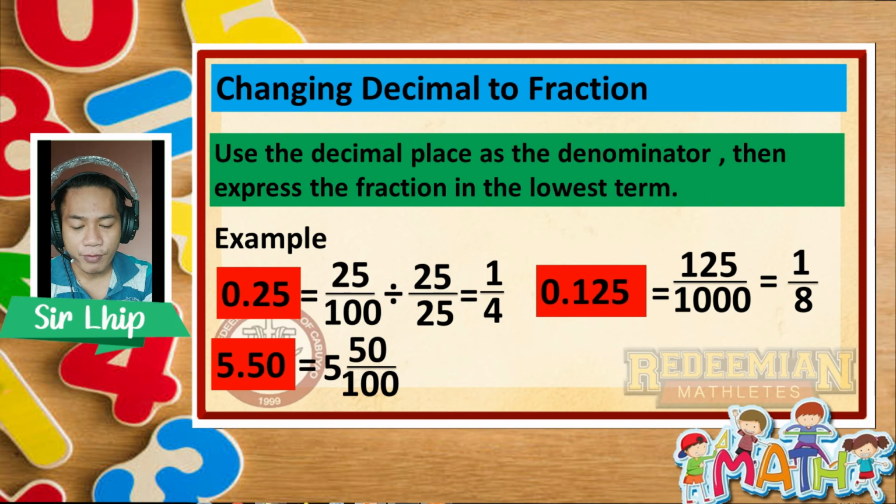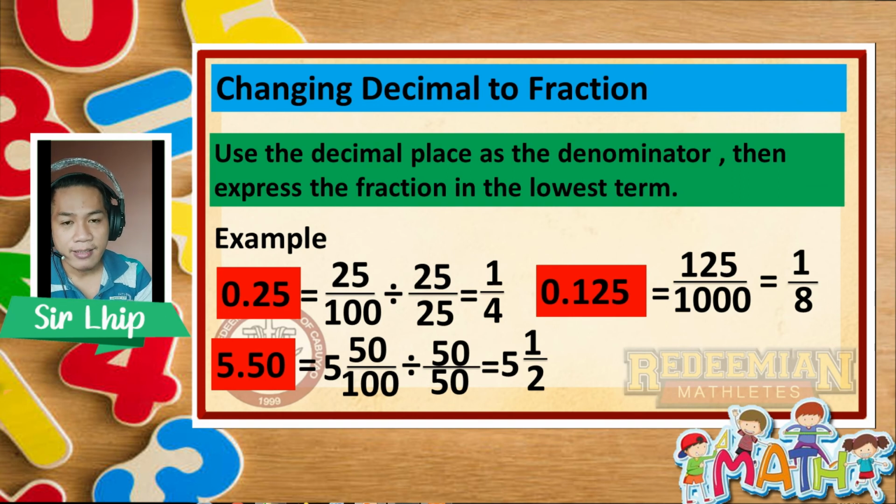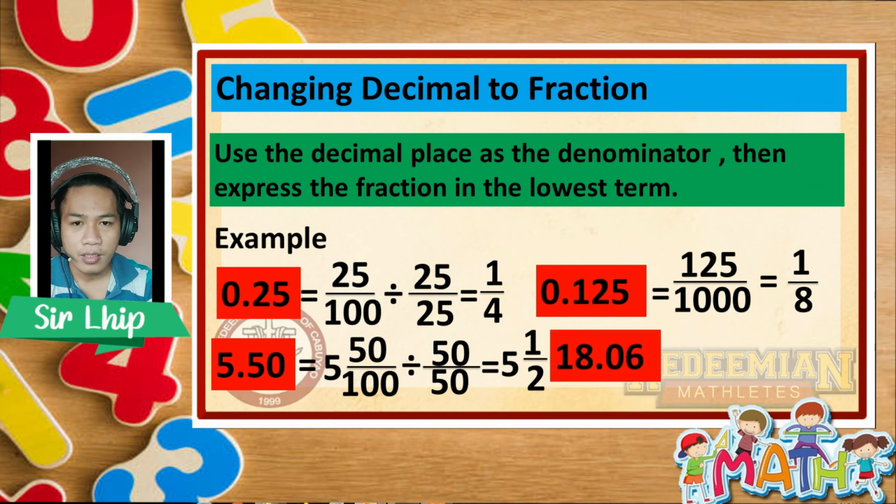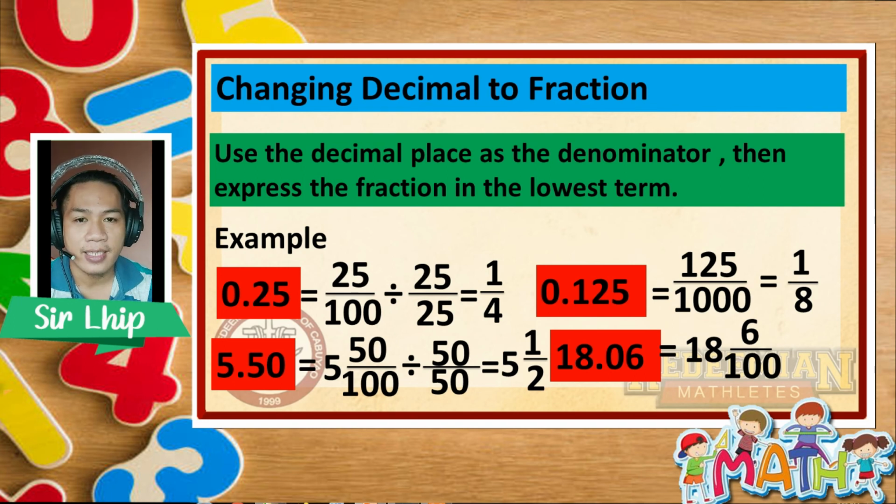Divide it again by 50. 50 divided by 50 equals 1. 100 divided by 50 equals 2. Therefore, the answer is 5 and 1/2. 18.06 equals 18 and 6 over 100 because 6 is in the hundredths place. If we simplify this one, 18 and 6 over 100 becomes 18 and 3 over 50.